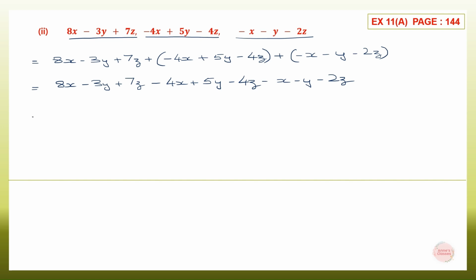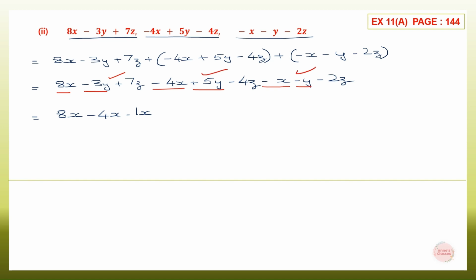Now what we have to do is we'll group all the like terms together. Let's take the x, 8x. Then we have minus 4x and we have minus x. So let's write that 8x minus 4x minus 1x. Then let's take the y's. So we have minus 3y plus 5y minus y. These are the y's here.